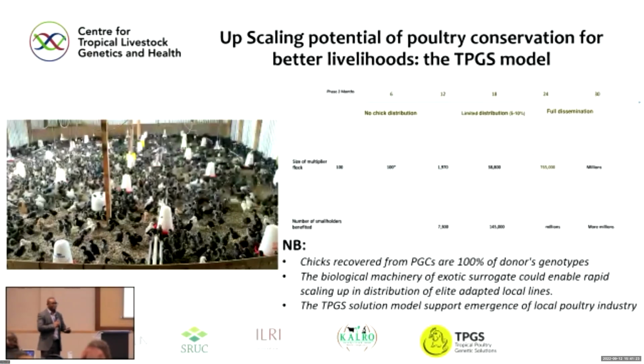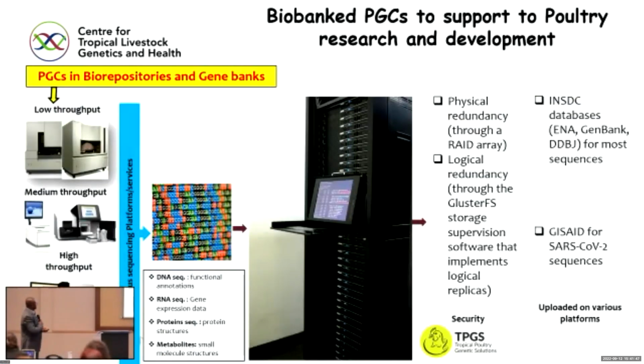So we use that mechanism, applying this model of tropical poultry genetic solutions, to have large-scale dissemination of the breed preferred by the community and return to them exactly what they want to meet their needs in food security and poverty alleviation, etc.